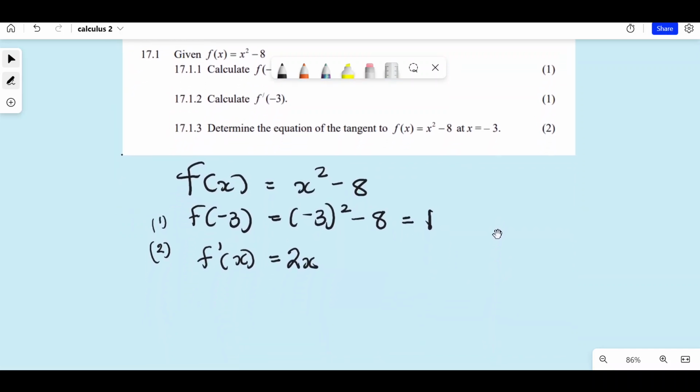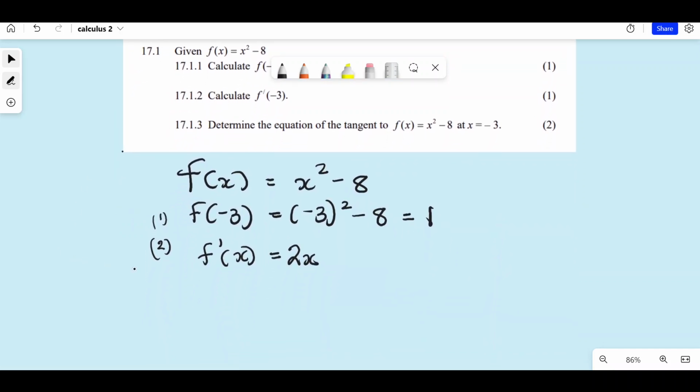Now we are going to substitute x equals negative 3. So f prime of negative 3 is 2 times negative 3, which is negative 6. So those were just 1 mark questions.